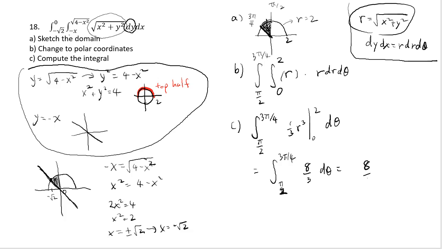So 8 over 3 theta, and you have to plug in pi over 2 until 3 pi over 4. Okay, when 3 pi over 4 goes in there, that's 2 pi. When pi over 2 goes in there, that's 4/3 pi. And 6 over 3 minus 4 over 3 is 2 over 3, so 2/3 pi is the answer.